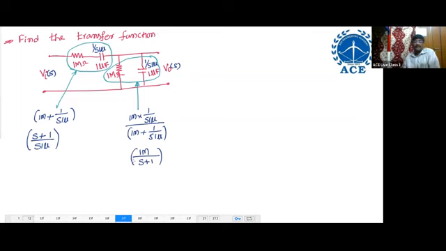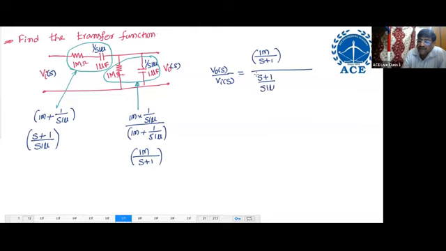Now find the transfer function. What is the transfer function? Vo(s) by Vi(s) equals the impedance across the output, 1 mega by s plus 1, divided by the total circuit impedance, (s plus 1) by s into 1 micro plus 1 mega by s plus 1.